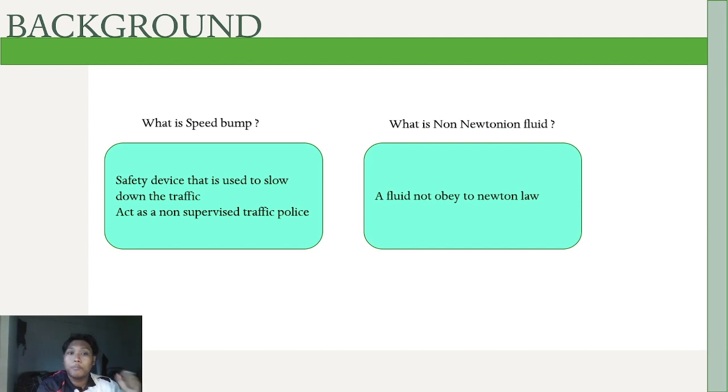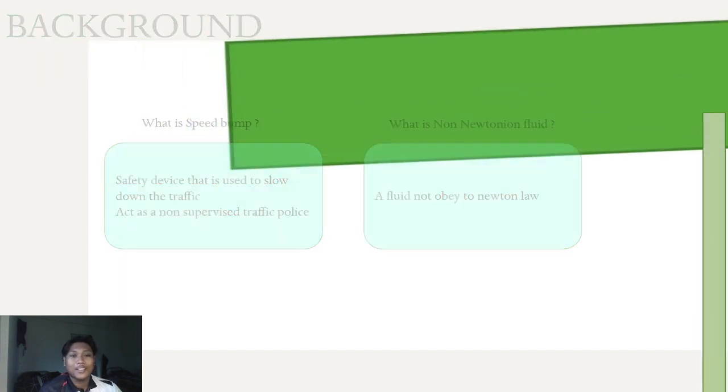Let's say the bigger the amount of force, the harder the fluid becomes, or the viscosity of the fluid can increase. And when the force is a little amount, the fluid can be so soft and the viscosity is so low. Okay, let's go to the next part.